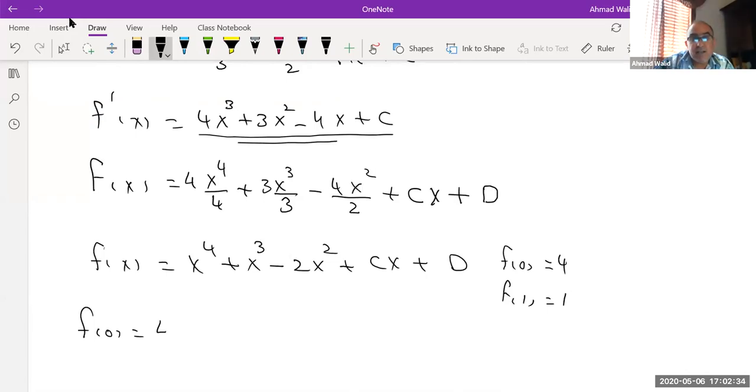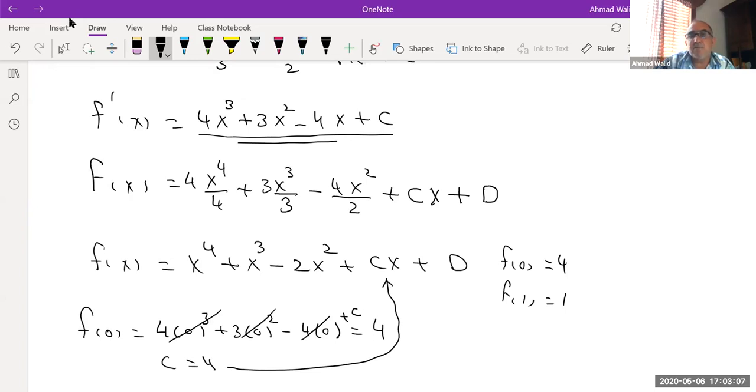It means 4 times 0 to the power of 3 plus 3 times 0 squared minus 4 times 0. It should give you 4 plus c equals 4. This part becomes 0, this part becomes 0, this part becomes 0. It means c is equal to what? 4. Let's plug in the value of c here.